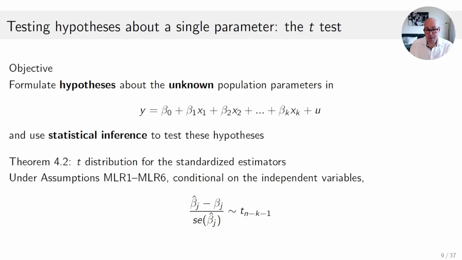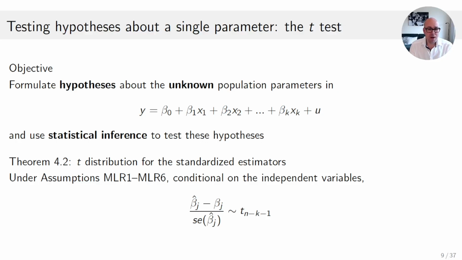The objective is that we want to formulate hypotheses about the unknown population parameters, and in fact, one of them, then we can use the t-test, and we can use statistical inference to test these hypotheses.